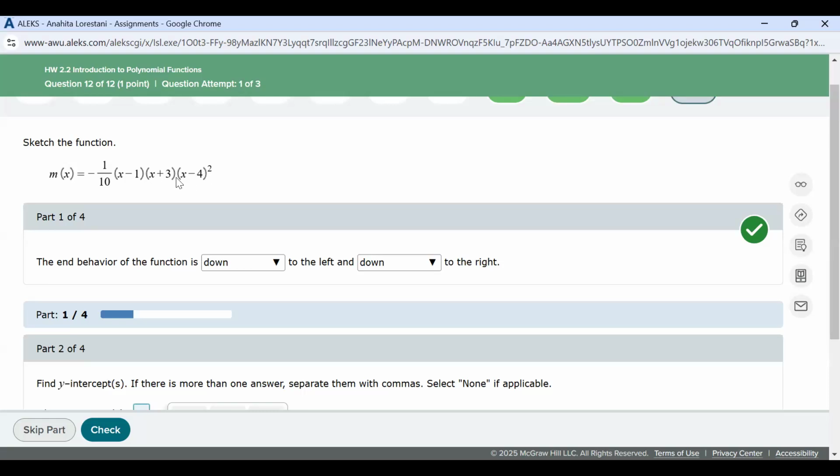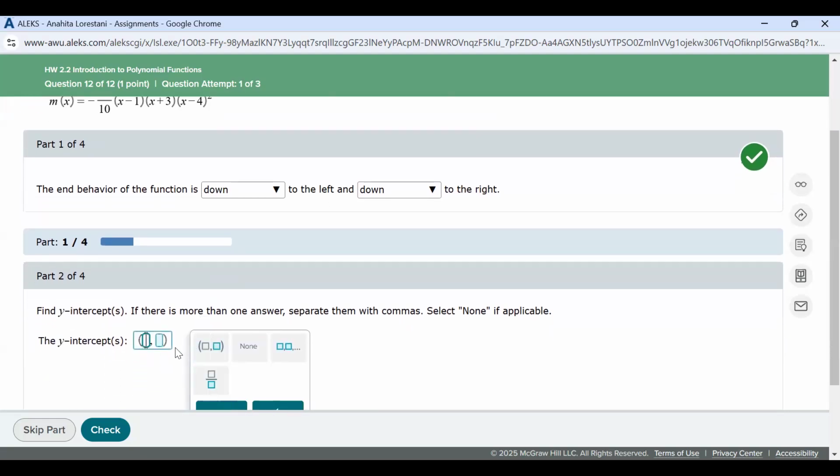So I get 16 times -3, which is -48. But -48 times -1/10, that is going to be negative times negative is positive 48 over 10, and 48 over 10 is 4.8. So when x is 0, y is 4.8.